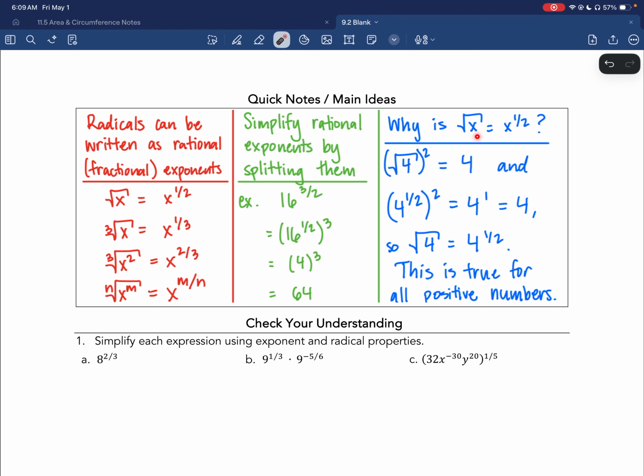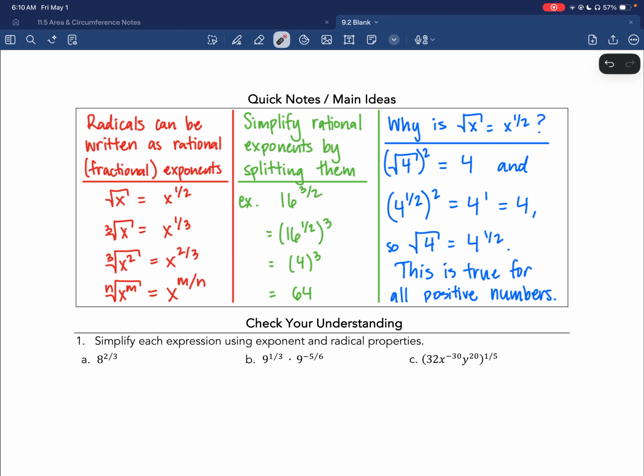And then just a really quick explanation on why the square root of x is x to the power of 1/2. When we have the square root of something and we're squaring it, those cancel each other out, right? So the square root of 4 squared is 4. And if we have 4 to the power of 1/2, to the power of 2, when I multiply those together, I get 2 over 2, and 2 over 2 is just 1.